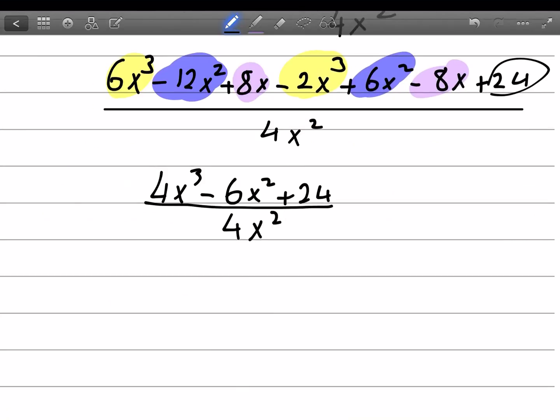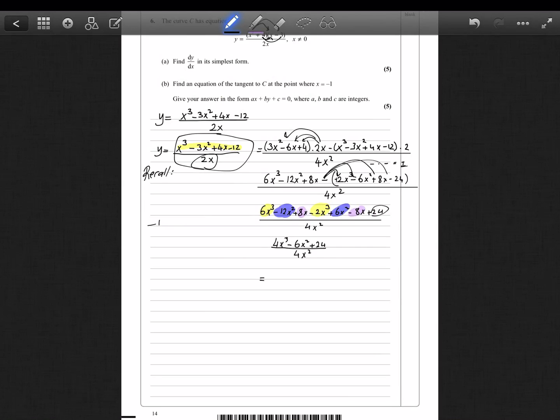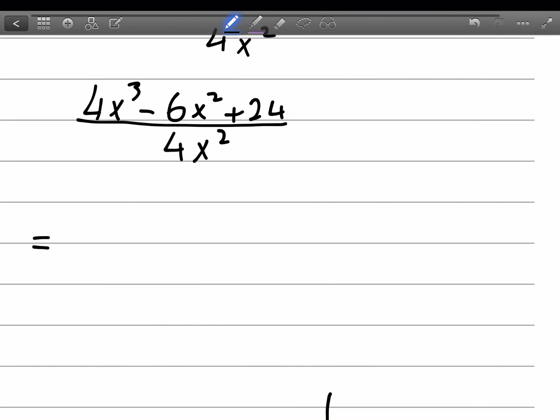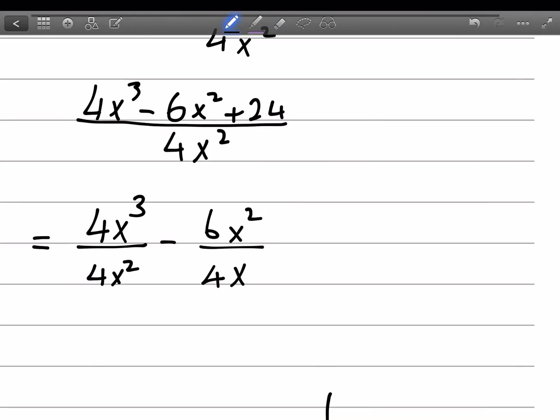That is not the simplest form. We can write this as 4x cubed over 4x squared minus 6x squared over 4x squared plus 24 over 4x squared.